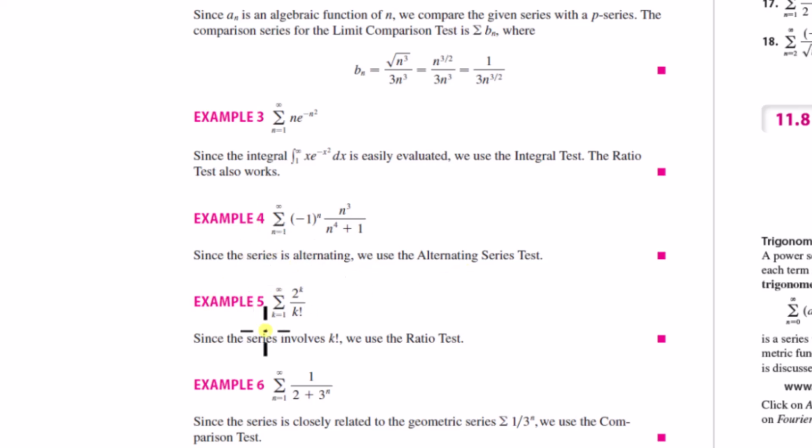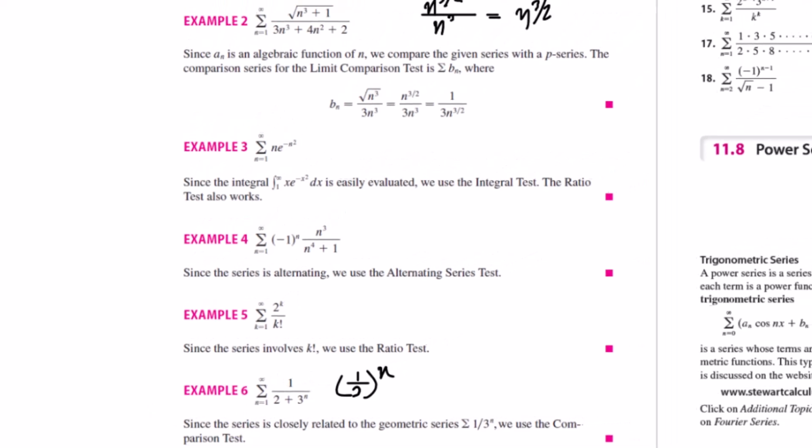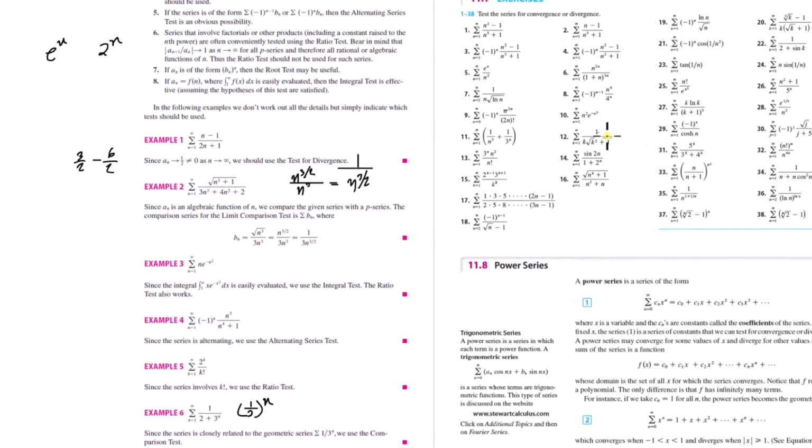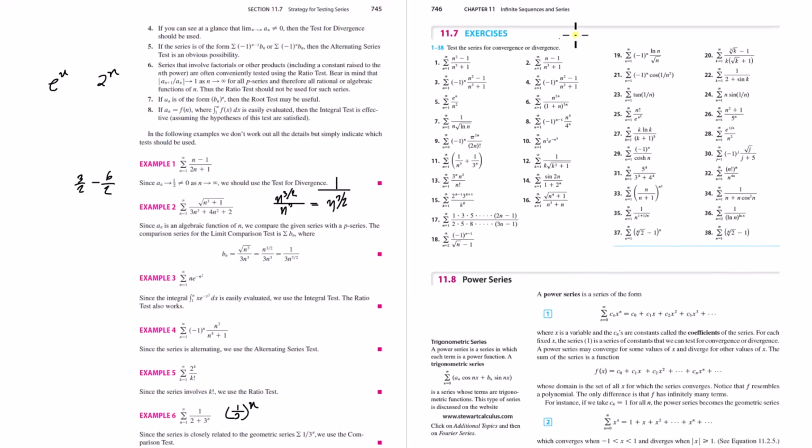Here we've got the factorials and powers, so ratio test, right? Here you can compare this with a geometric series, 1 over 3 to the n, so a comparison test where you're bringing in a geometric series. All right, so now we're going to work all of these problems in random order, and that'll be it for series testing.